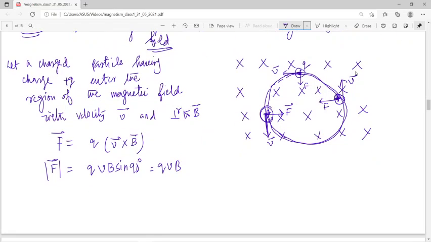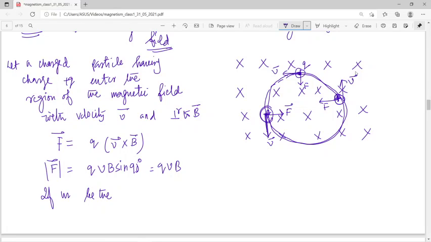And they will ask you questions like what should be the radius of the circular path. When a charged particle is moving in a uniform magnetic field, we know that it produces a circular path. Now they ask questions like what should be the radius of the path, what should be the time period it will take.